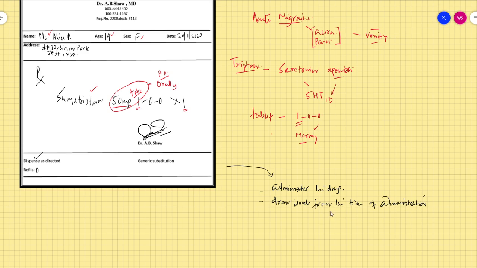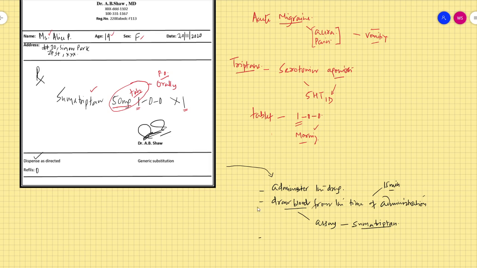We're going to assay this drawn blood for sumatriptan. We're going to draw the blood at intervals of time, say about 15 minutes. So every 15 minutes we're going to draw blood from this patient, and we're going to assay those samples for sumatriptan, the drug.